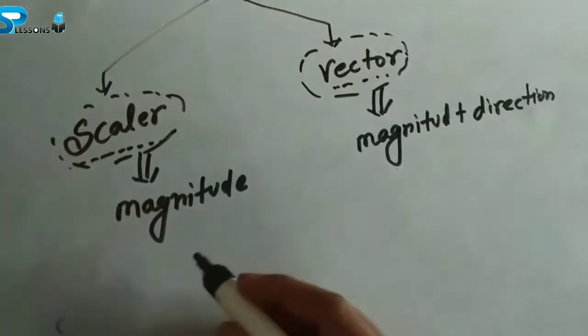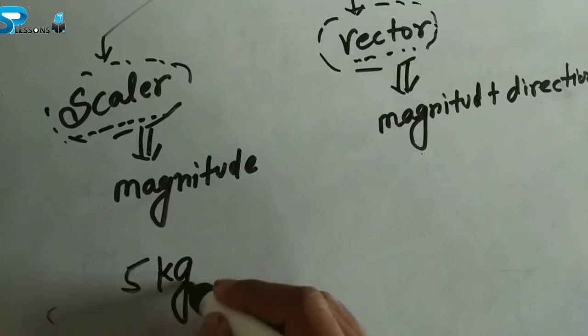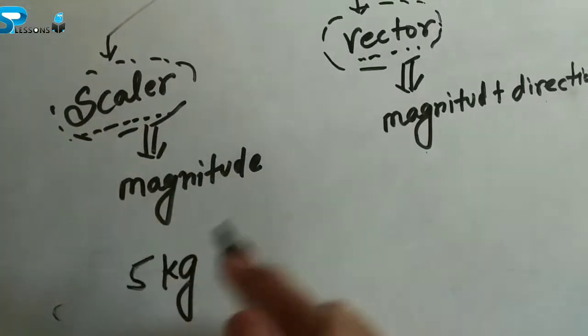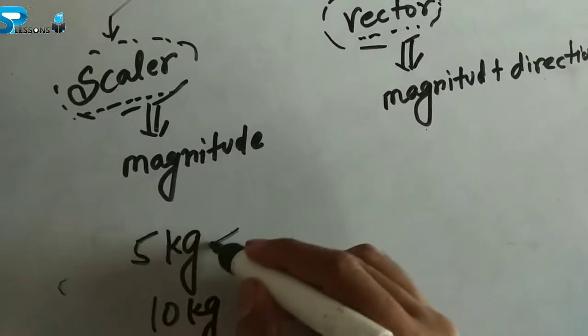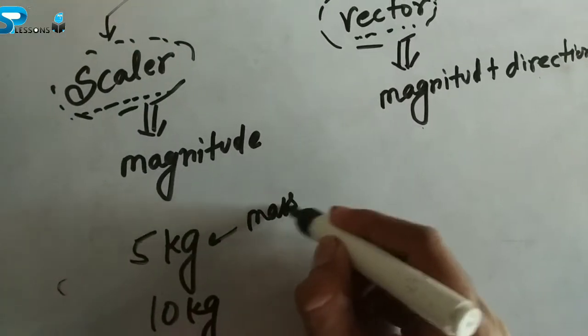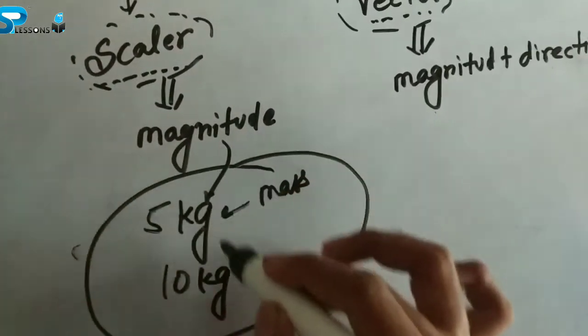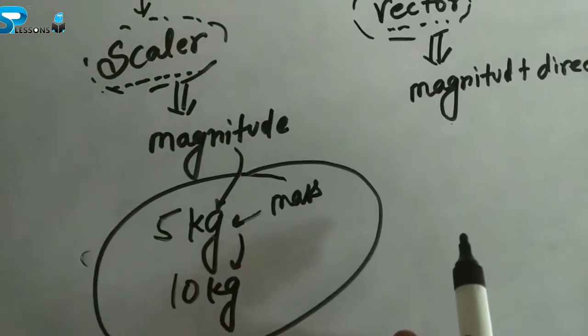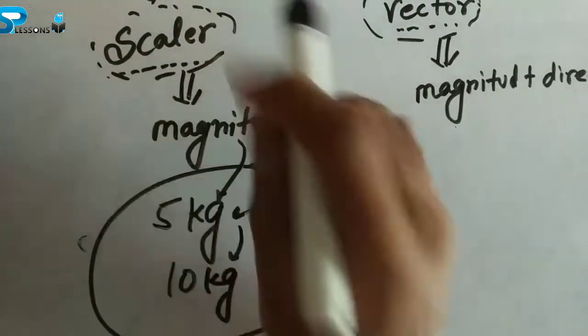Okay, let's understand. We know 5 kg, 10 kg, this is mass, and mass doesn't have any direction, it has only magnitude. 5 kg, 10 kg, it has no direction, only magnitude. So it is a scalar quantity.